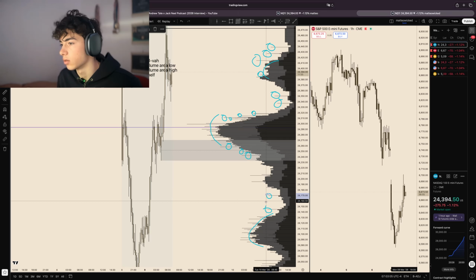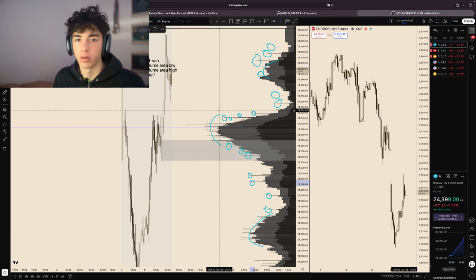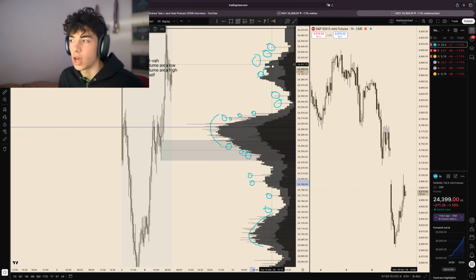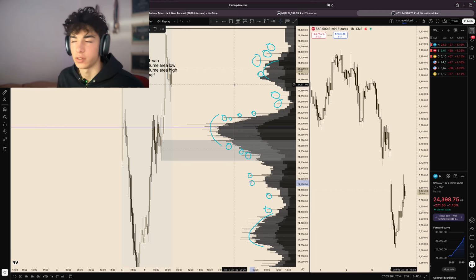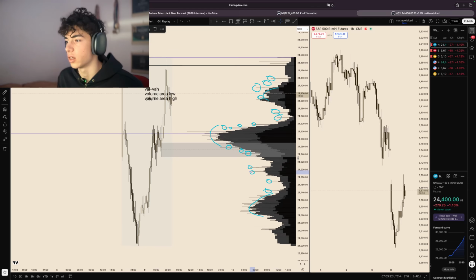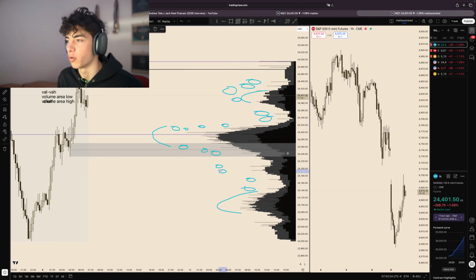Here, here. As you can see, we have a lot of shelf, to be honest. But if you combine them with other confluence, this can be a very great add to your strategy because it's pretty easy to use and it's very powerful, okay?